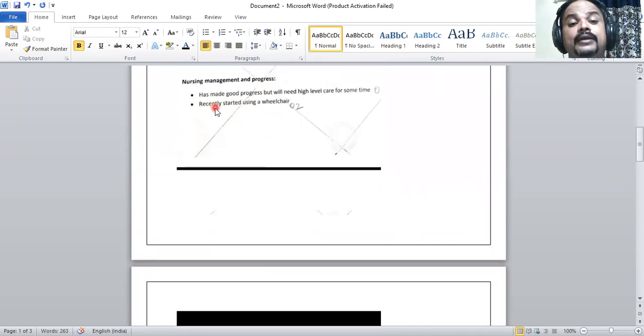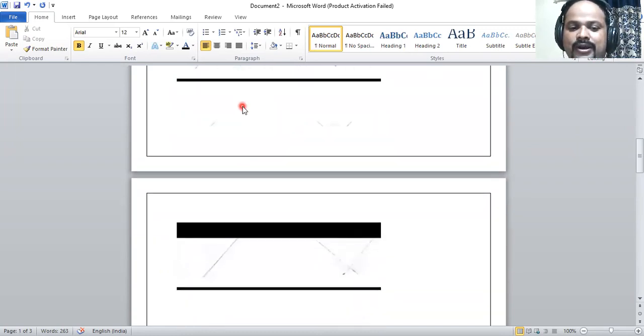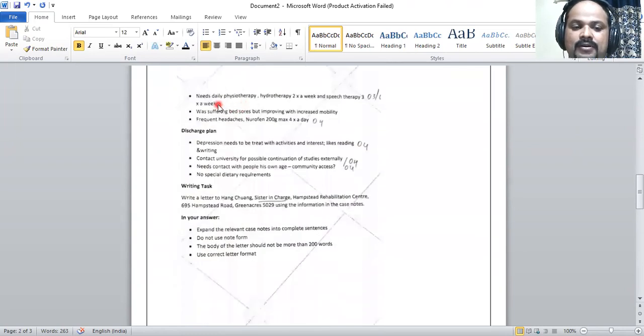Now, in your care, the patient's progress is good, with high level care. He still needs it, and that's why we are transferring him to Hampstead Rehabilitation Center, because in this rehabilitation center, high level care is given. He needs high level care for some more time. Right now, he has started using the wheelchair. Now he needs physiotherapy, hydrotherapy twice a week, and speech therapy thrice a week.